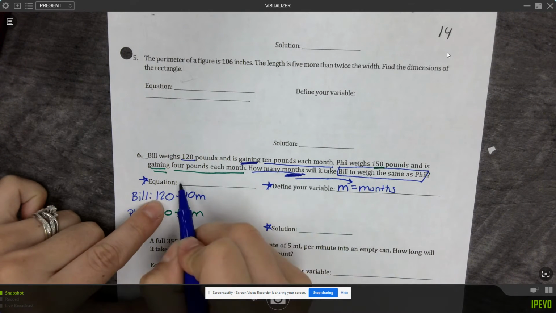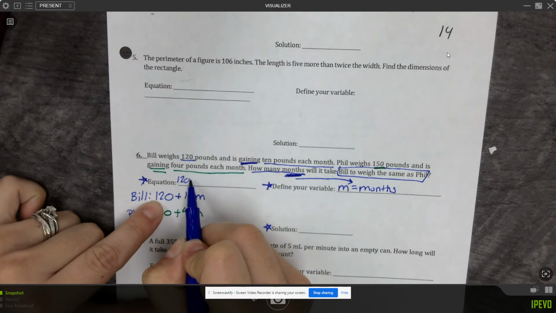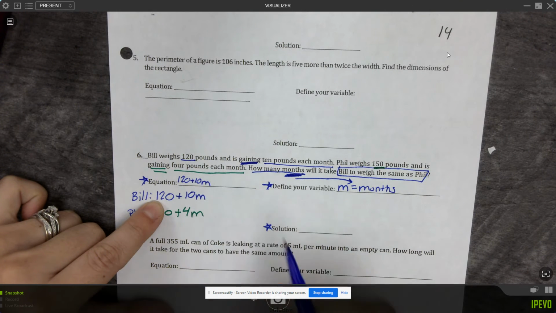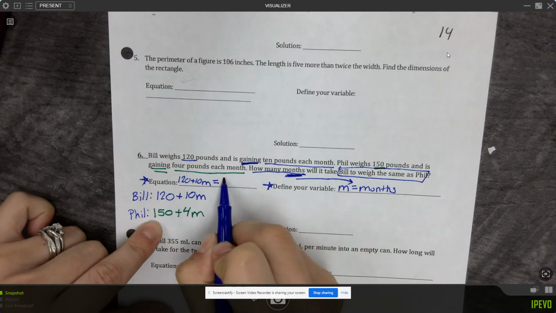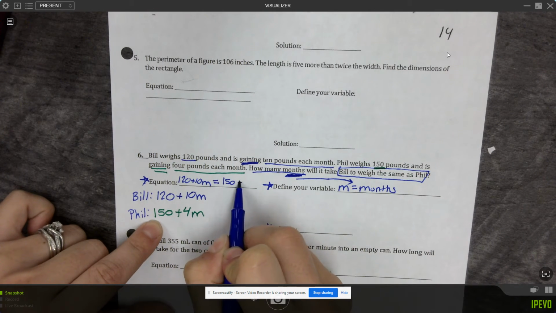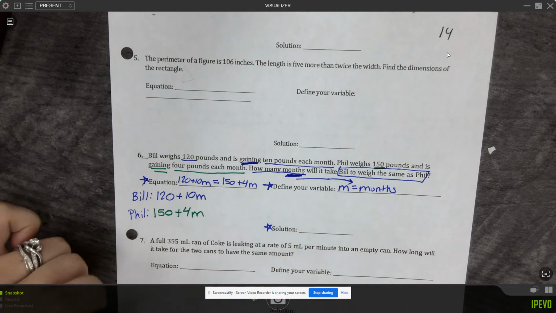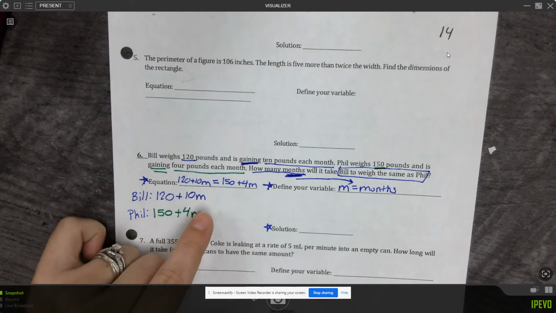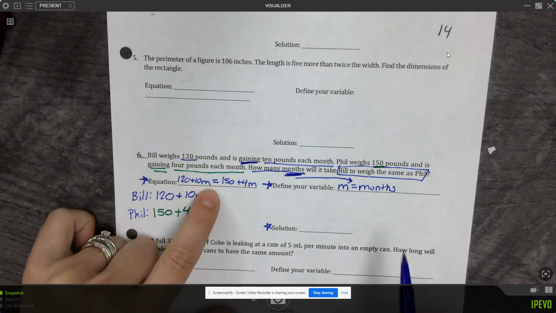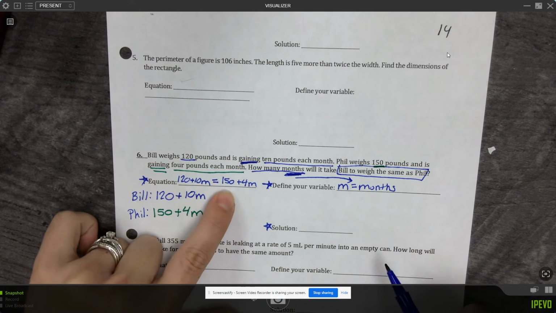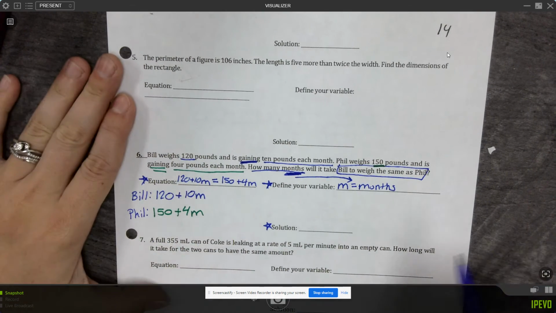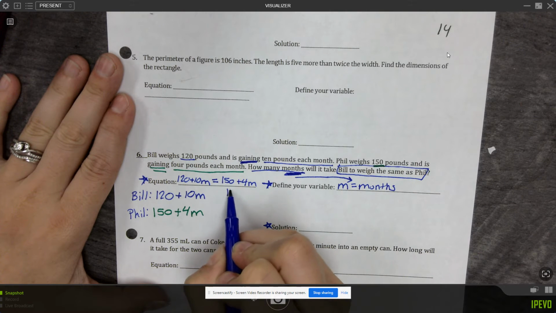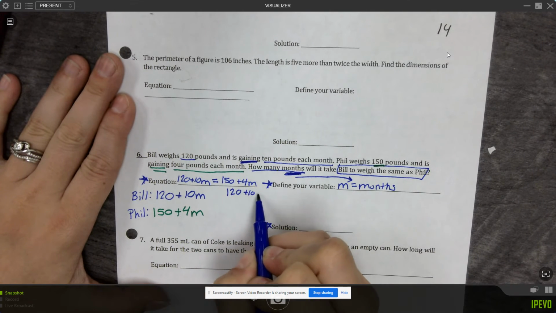So for my equation, I'm going to take what I know about Bill, 120 plus 10m, and I'm going to set it equal to what I know about Phil, 150 plus 4m. There is my equation. I have Bill's information equal to Phil's information. Now that you have an equation, you can work that out and solve it. So I'm going to rewrite this here so that I can solve this out.